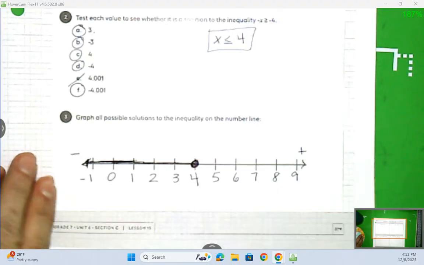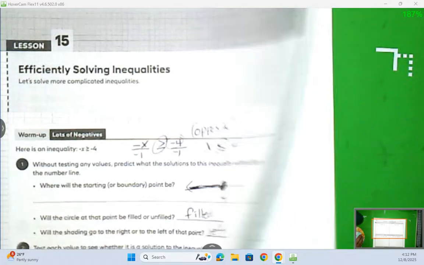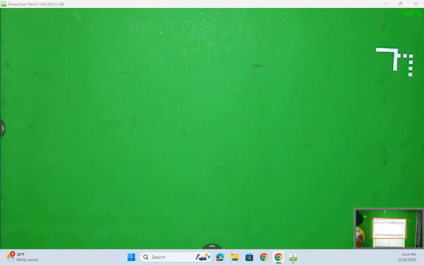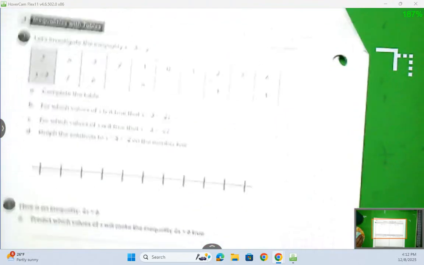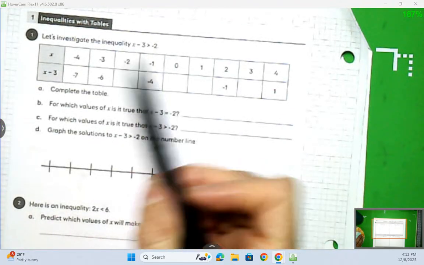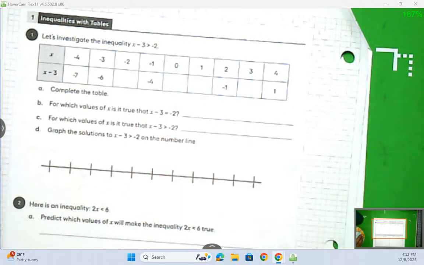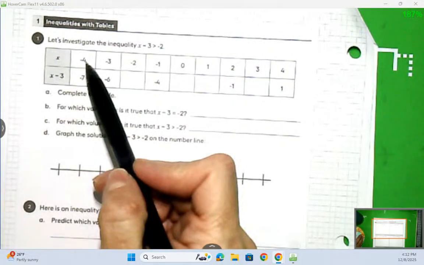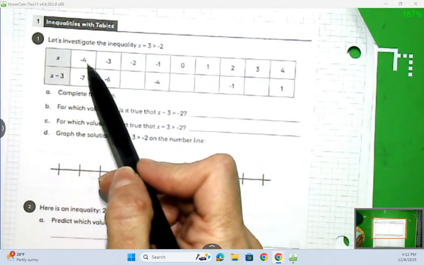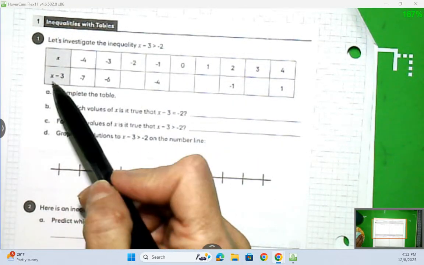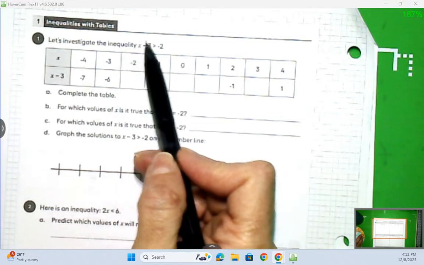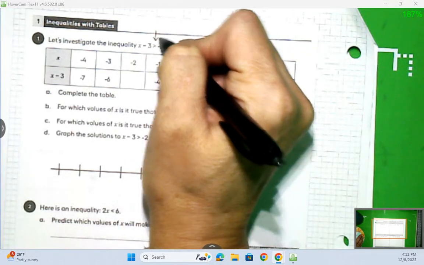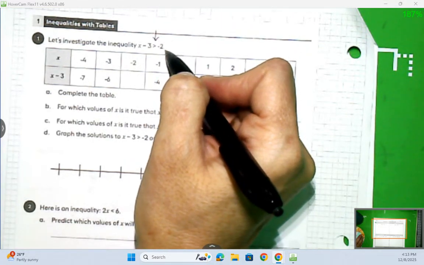Our next question is to investigate the inequality x minus 3 is greater than -2. They have started a chart where they have plugged in the values for x, and they're solving x minus 3, and then testing to see if it is greater than -2.